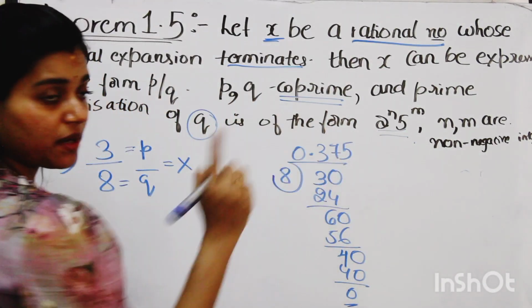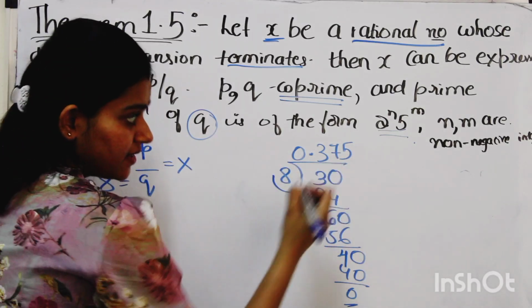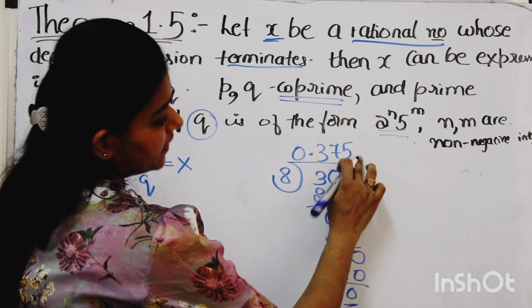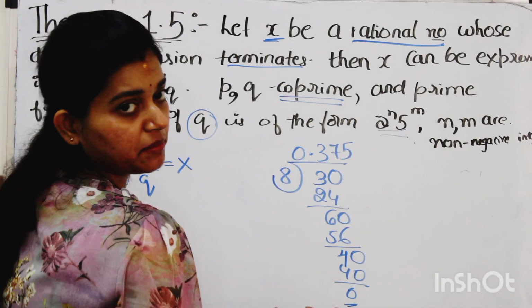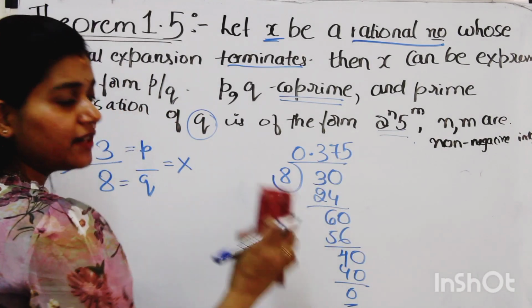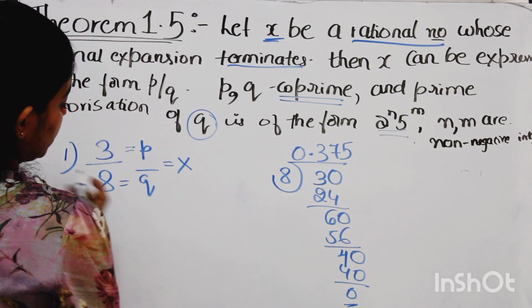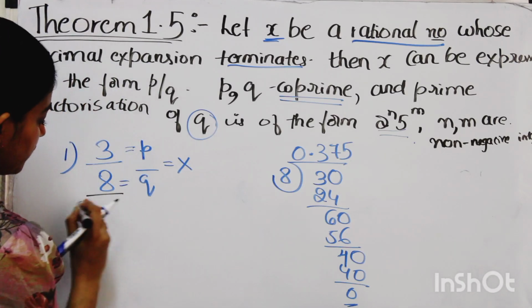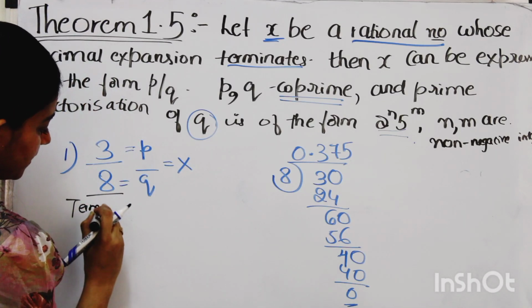So this is terminating, correct? It has an end, it doesn't continue. If you get remainder 0 and it ends, then it is terminating. Therefore we checked that 3 by 8 is terminating. If you want, you can write it here.